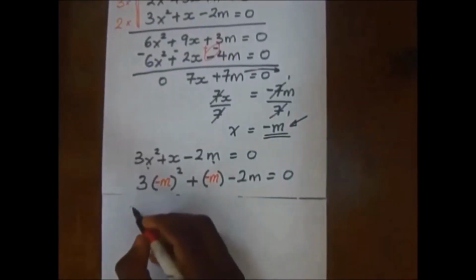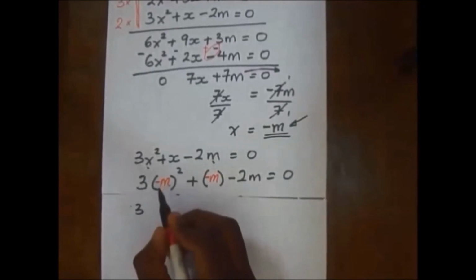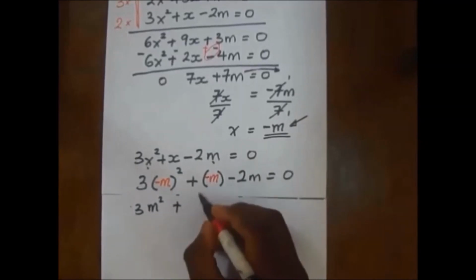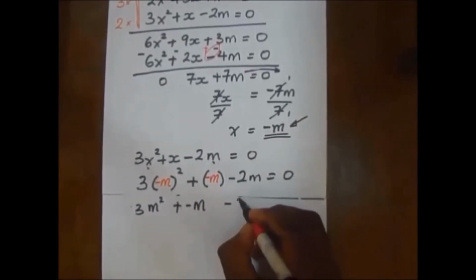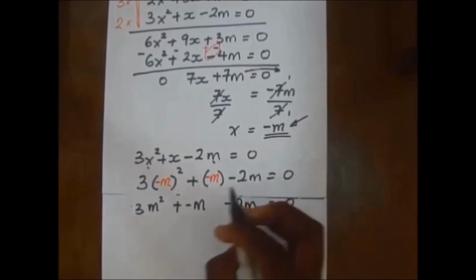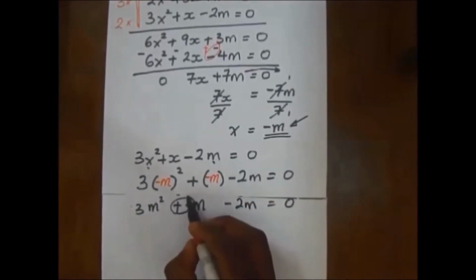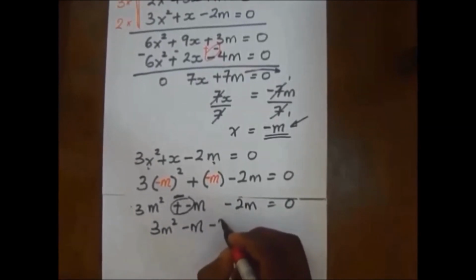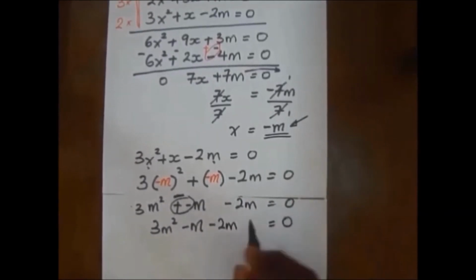Negative m times negative m is going to be positive m squared. Then plus negative m, and of course this negative and positive will give you a negative value there. So it becomes 3m squared minus m minus 2m is equal to 0.